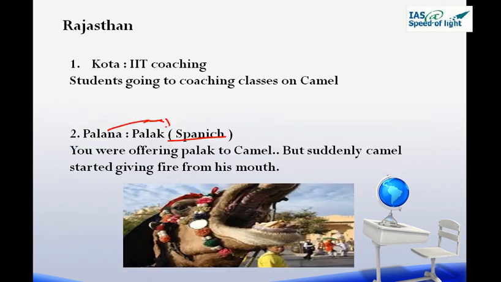Rajasthan, desert, camel, it was Kota, IIT coachings. Students used to go to these IIT coachings on camels to save themselves from hot floors or hot roads. Second, it was Palana or Palak. You were giving Palak or spinach to the camel, but fire is coming from the mouth of the camel.